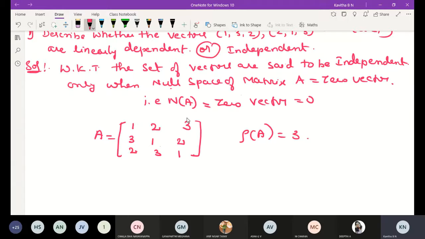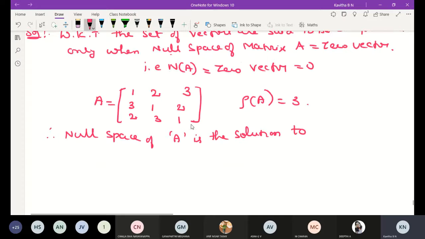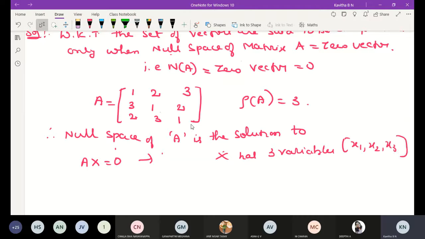Then write down: null space of A is the solution to Ax is equal to 0, where x has 3 variables, x1, x2, x3.